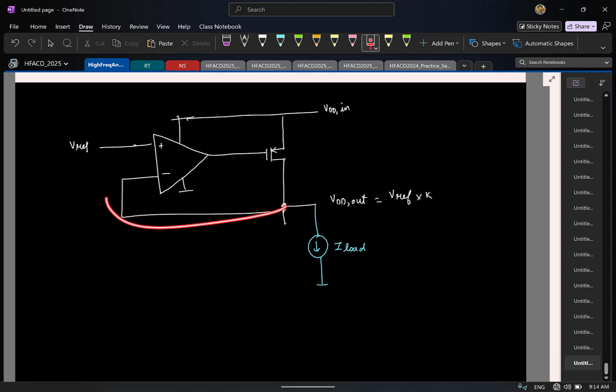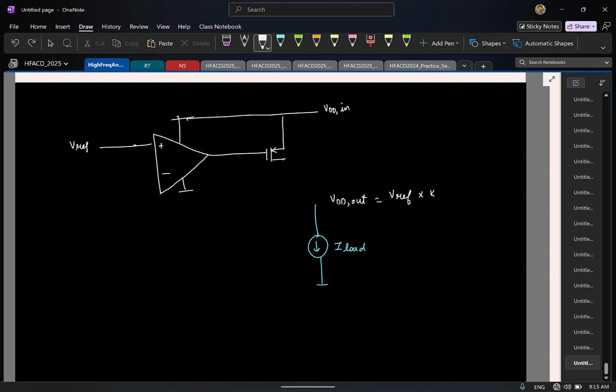The feedback factor should not be unity now. If let us say I want the output to be K times the reference voltage VREF, what should the feedback factor be? 1 by K, right? And how do you realize the feedback now? A resistor.